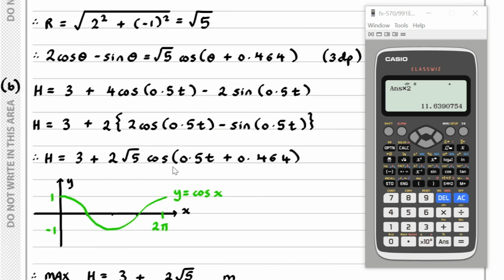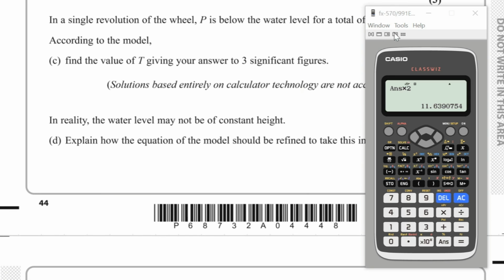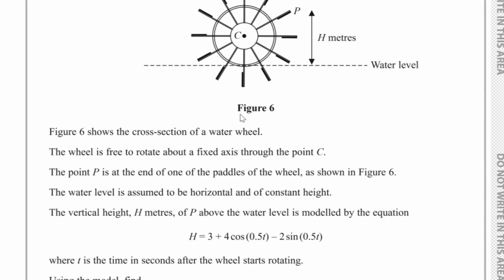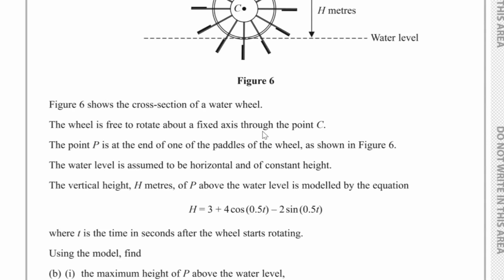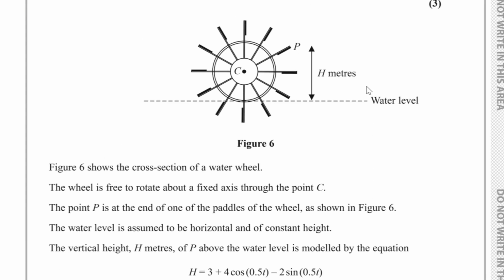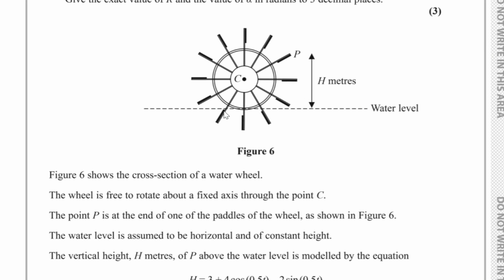Now for part C, in a single revolution of the wheel, so what that means is 1 full turn, P is below the water level for a total of t seconds. So in 1 full turn, it's below water level for a certain period of time.